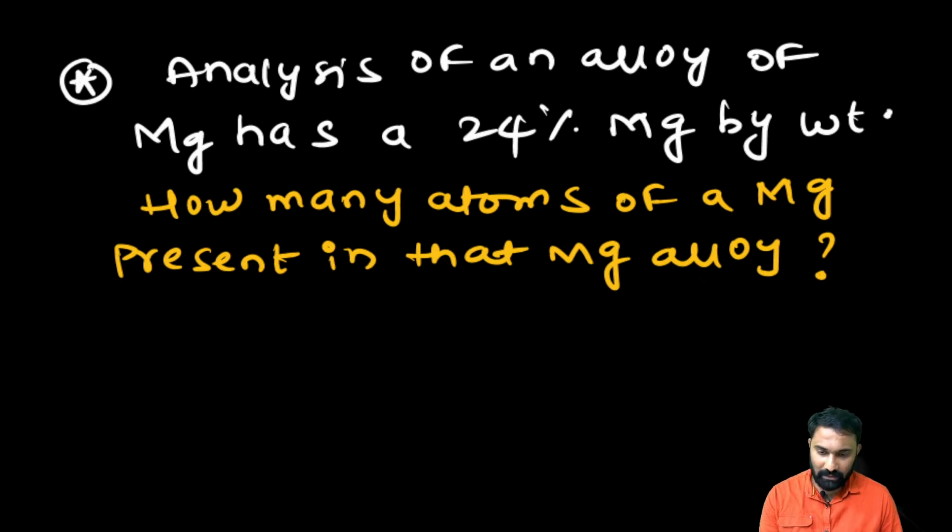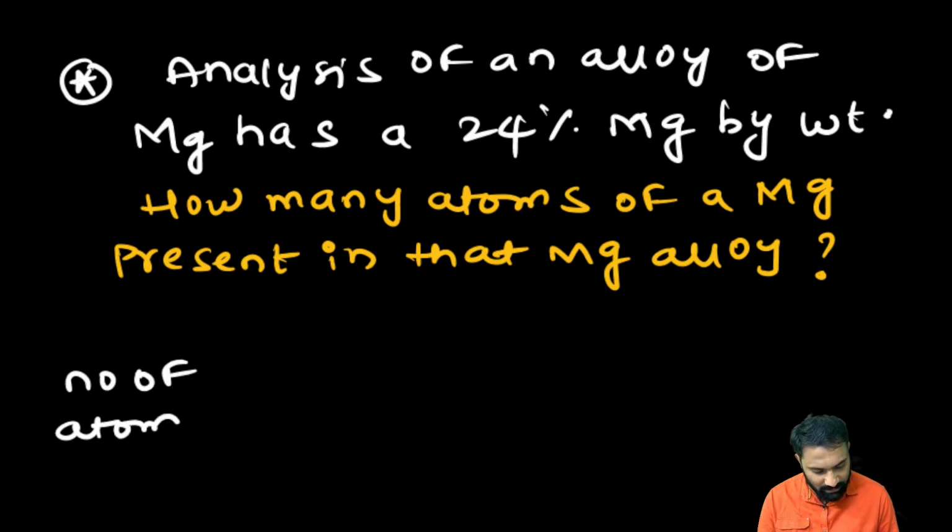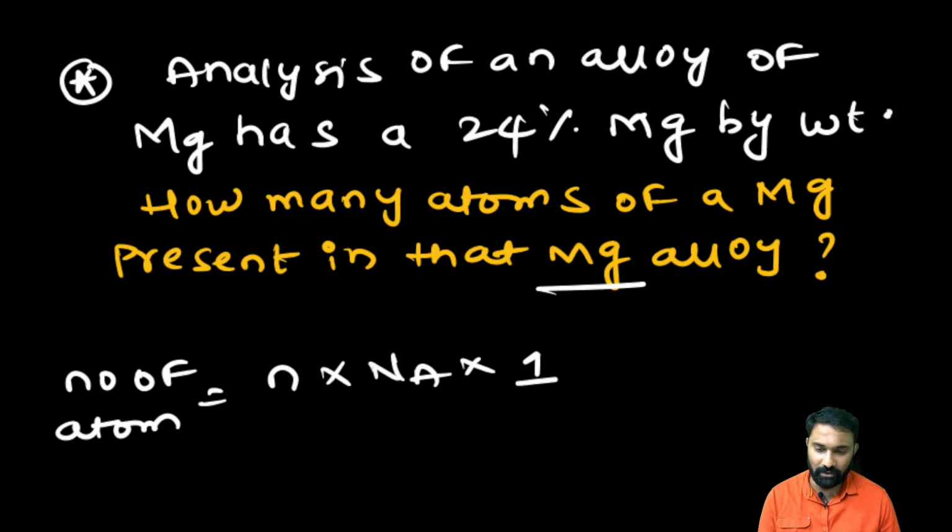Here they just made it tricky. Each and every concept you know. Number of atoms formula you know. Number of atoms is asked, so the formula is n into Avogadro number into atomicity. Atomicity of Mg is 1 only. You need the number of moles of magnesium. The atomic weight of magnesium is 24.